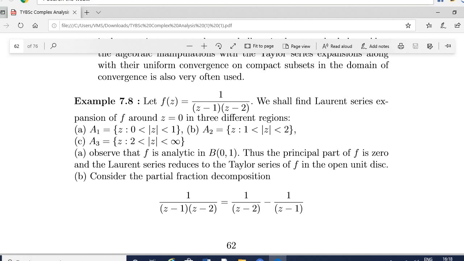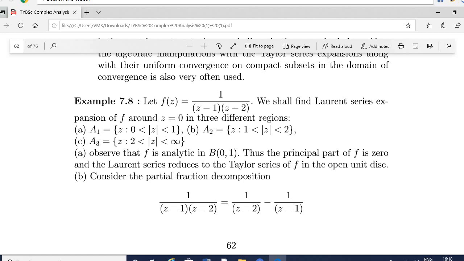These 3 regions are given. First is 0 less than mod z less than 1. That is the disk of radius 1, with only 0 omitted, since 0 strictly less than mod z means the point 0 is omitted. Then the second region is z such that 1 less than mod z less than 2. That is the annulus between the disk of radius 1 and the disk of radius 2.